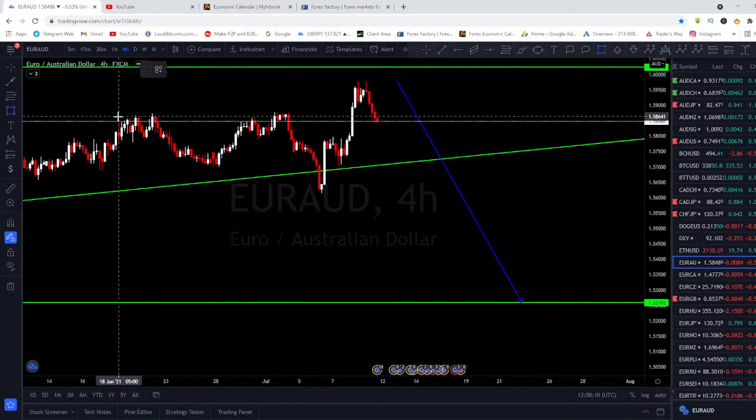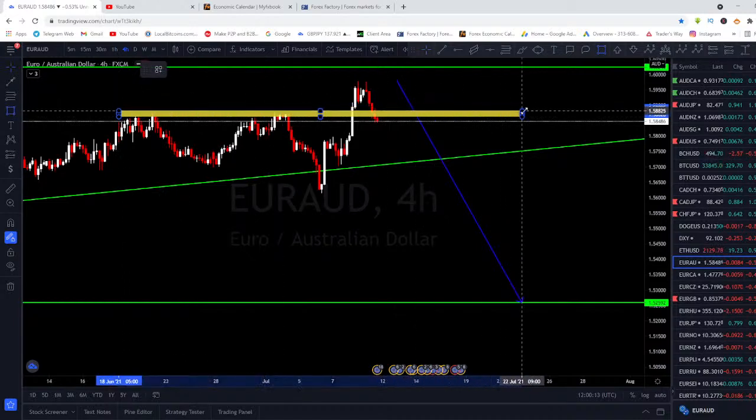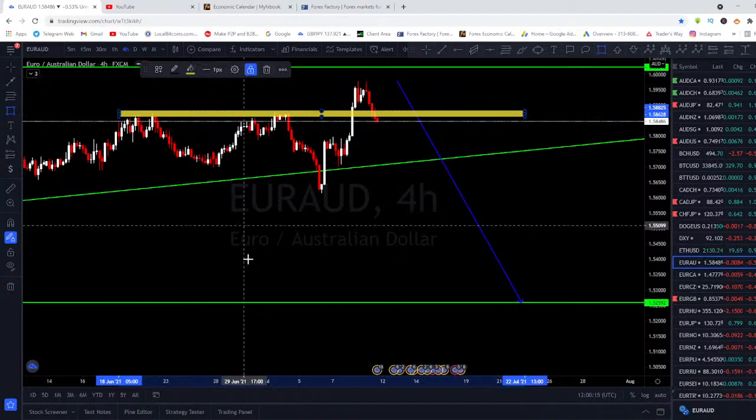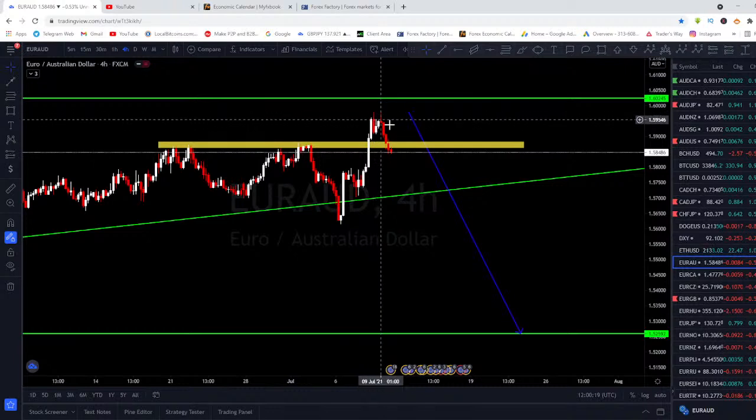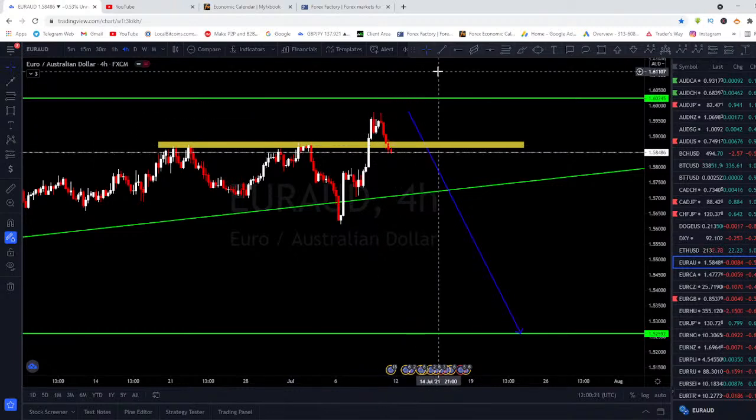Okay, you see right here, this was a previous resistance level where the market was supposed to respect it as a support level before continuing to go back up to the upside.